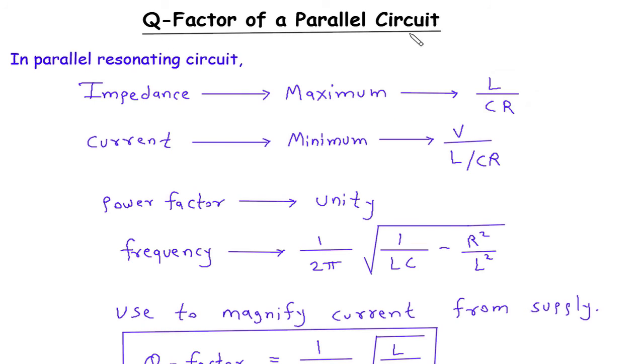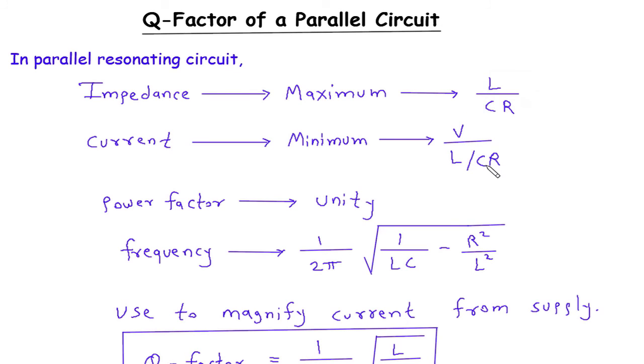Q factor of a parallel circuit. Q factor stands for quality factor of a parallel circuit. Now we know that in a parallel resonating circuit, impedance is maximum and it is equal to L by CR. In a parallel resonating circuit, current is minimum and it is equal to V by L by CR. Now we know that current is equal to voltage divided by impedance.